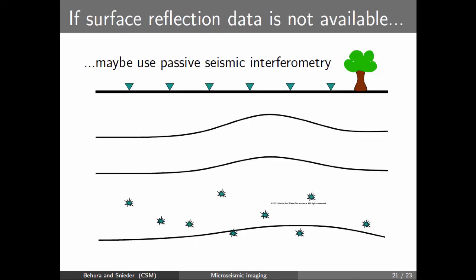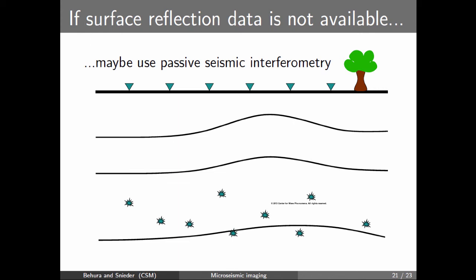As I already mentioned, for this methodology to work, one not only needs a background velocity model, but also one needs surface reflection seismic data. And it's not that common. Well, nowadays it's becoming common for people to acquire both microseismic data and surface seismic data for the same area, but it's not common.